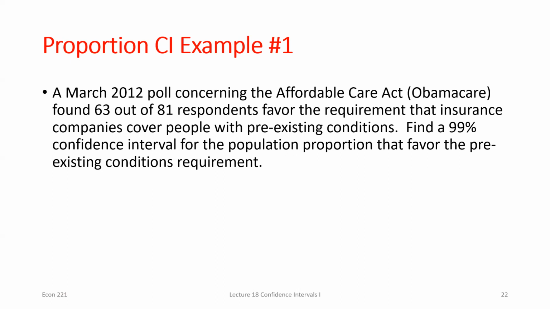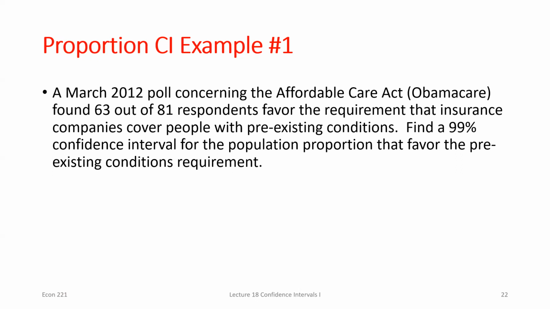Here I'm not directly given my sample proportion, but how could I find it? If I want the proportion of people who are in favor of covering pre-existing conditions, yeah, 63 out of 81 people. That's about 0.78 or 0.77, somewhere around there.